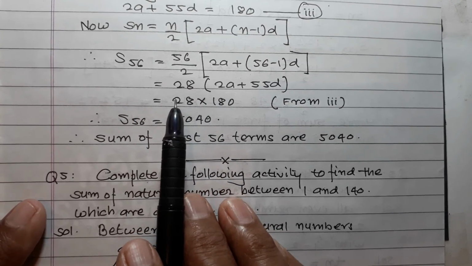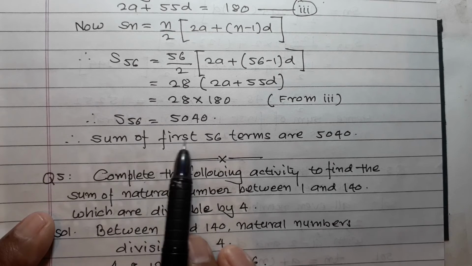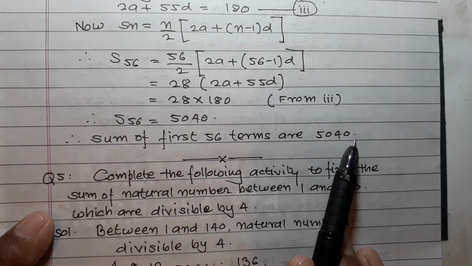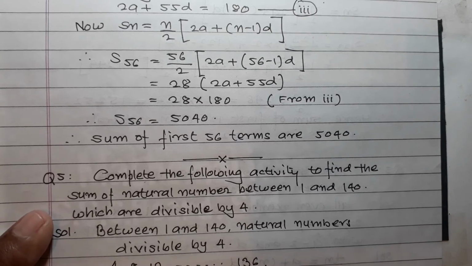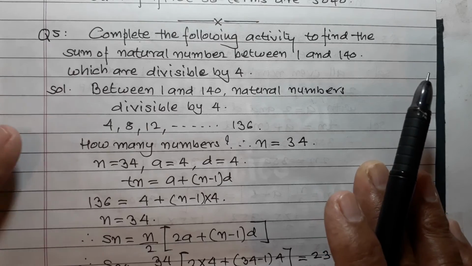Here you try to understand this point. Therefore sum of first 56 terms is 5040.